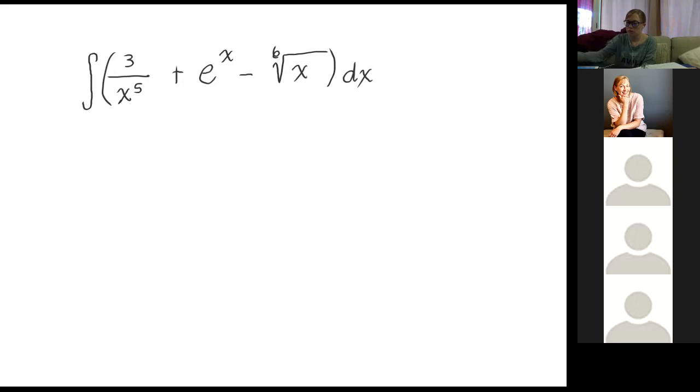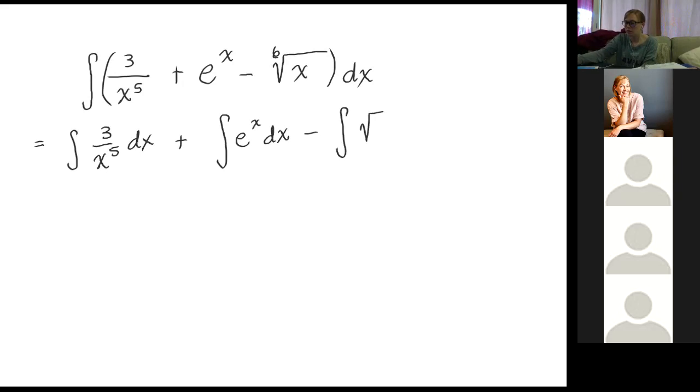First thing I'm going to do is rewrite this. This is the antiderivative of 3 over x to the 5th dx plus the antiderivative of e to the x with respect to x minus the antiderivative of the 6th root of x with respect to x.